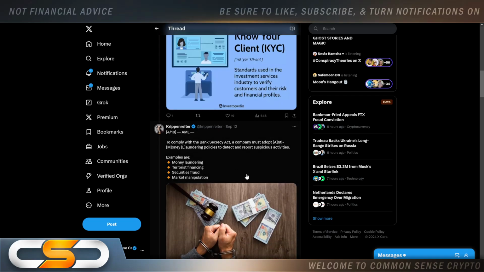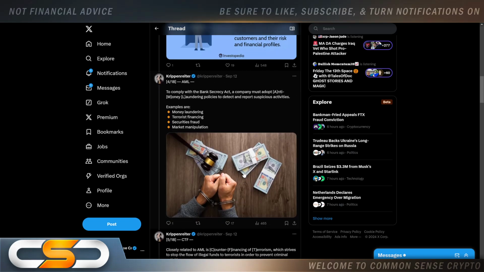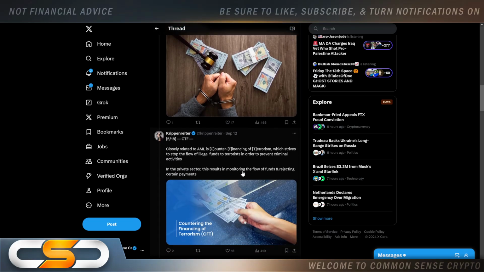AML is anti-money laundering. To comply with the Bank Secrecy Act, a company must adopt anti-money laundering policies to detect and report suspicious activities. Examples are money laundering, terrorist financing, securities fraud, and market manipulation. You see what's going on with Tether right now and MiCA regulations.